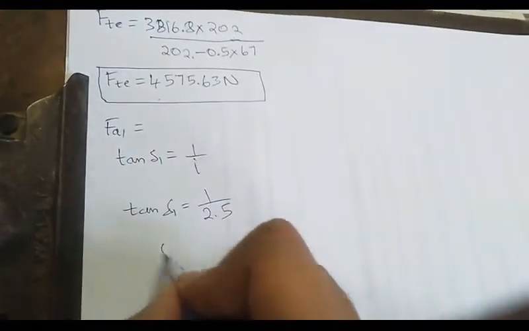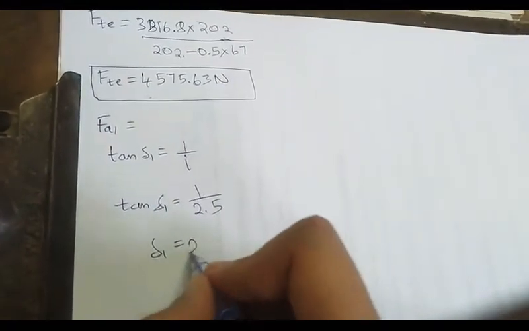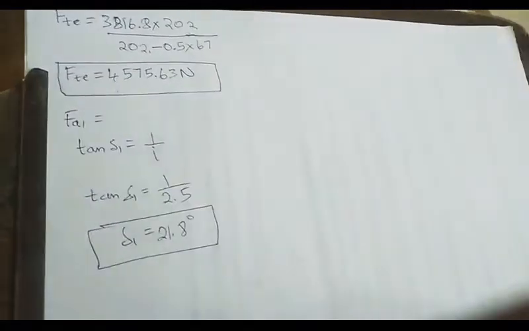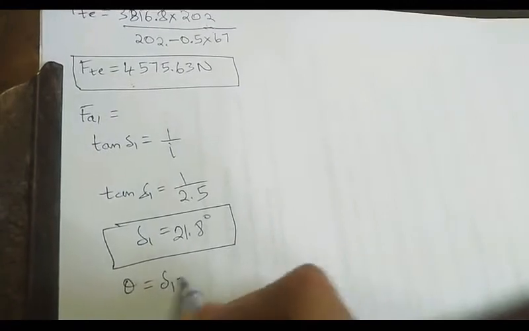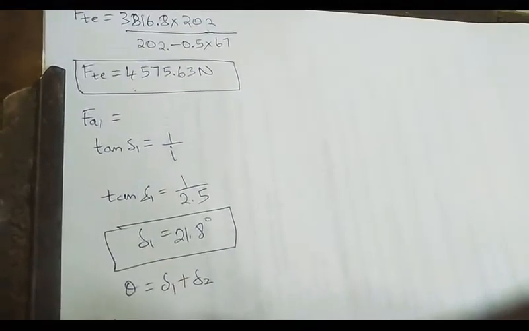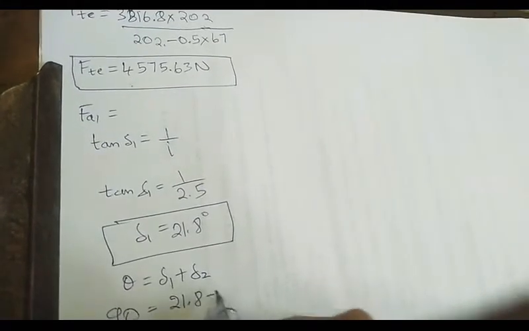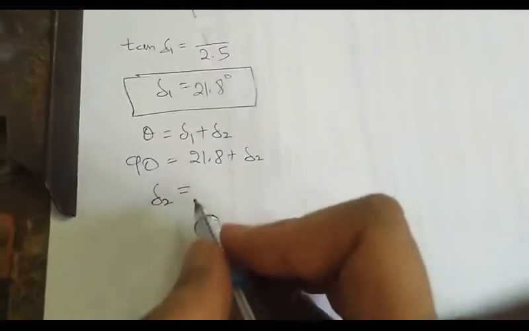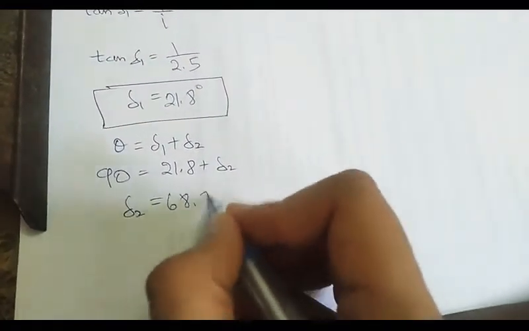So I'll take tan inverse, and the value of delta 1 I'll get as 21.8 degree. Similarly we'll find delta 2. We know that theta equals delta 1 plus delta 2. Theta is 90 degree, given in the question. So 21.8 plus delta 2, so delta 2 is 68.2 degree.